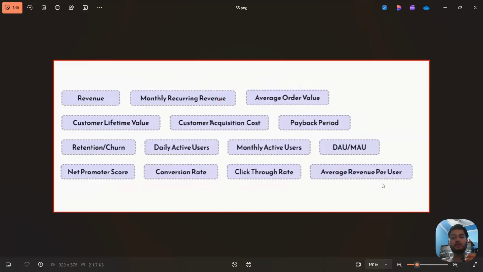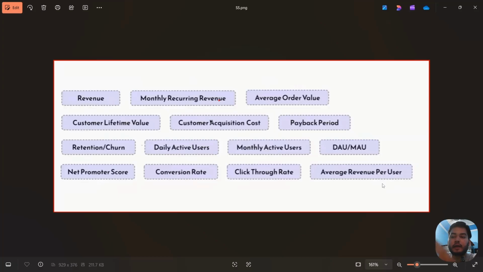Now the ratio of DAU to MAU is your stickiness, right? It means how much, in numerical terms, a user sticks to our product, which is considered the DAU to MAU ratio.